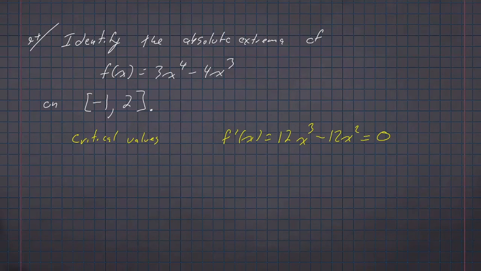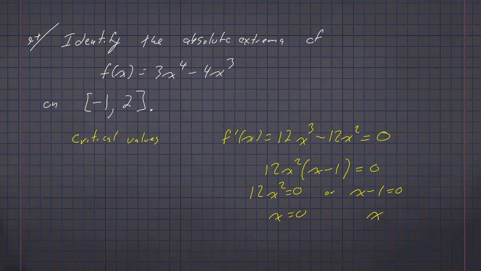And this one's not too bad to work with. You can immediately factor. There's a common factor of 12x squared, and when you factor that out, it leaves behind x minus 1. So by the zero product rule, either 12x squared is 0 or x minus 1 is 0. If 12x squared is 0, then x is 0. If x minus 1 is 0, then x is 1.